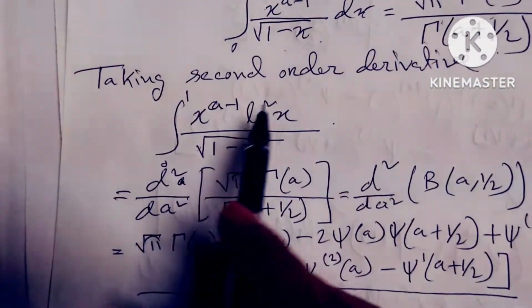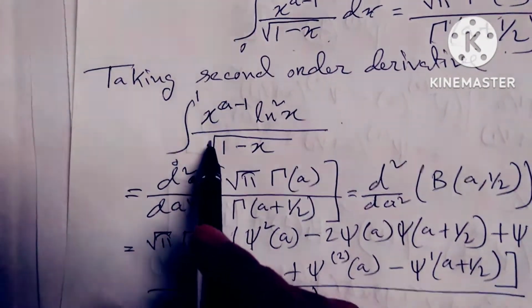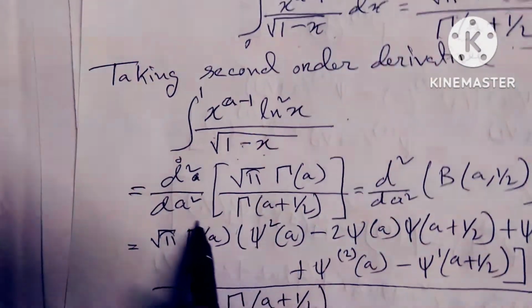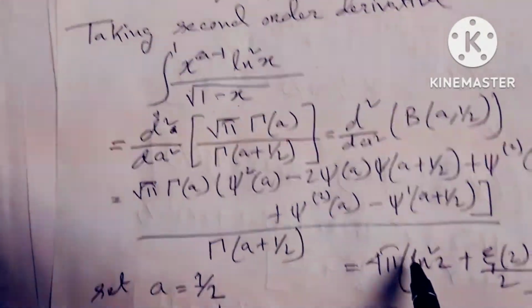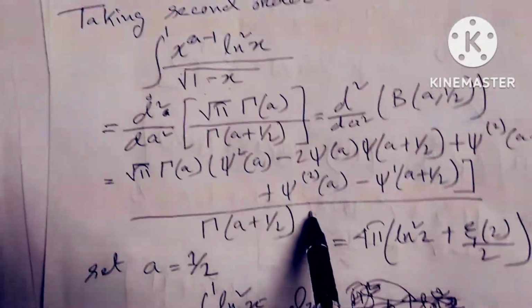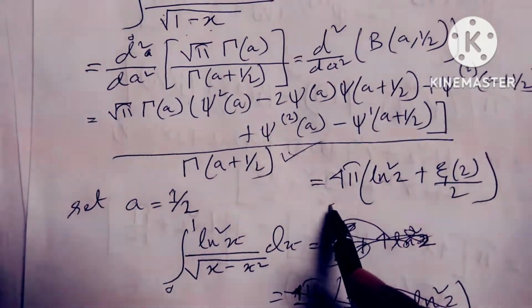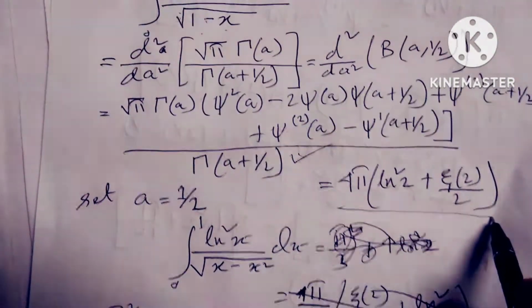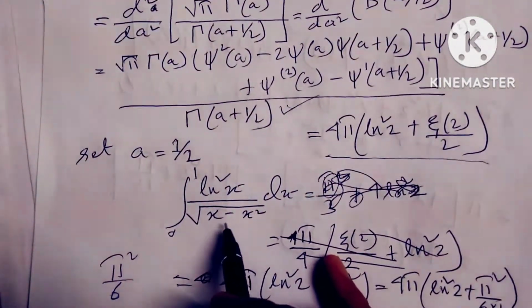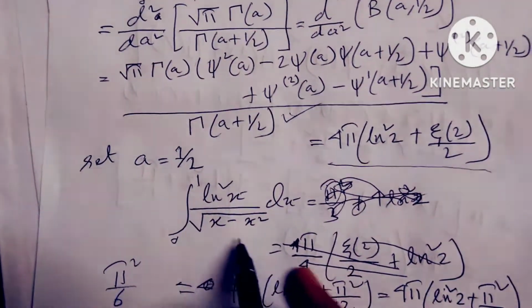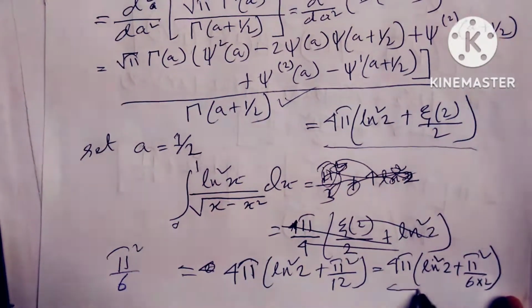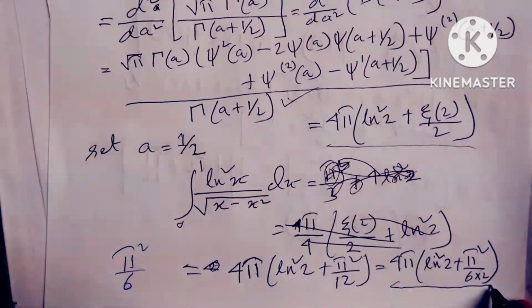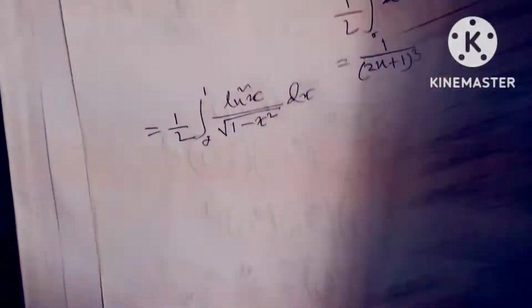Now taking the second order derivative of a, we get the derivative of beta, and after that I get the value 4 pi ln square 2 plus zeta 2, divided by 2. I hope I can clear.